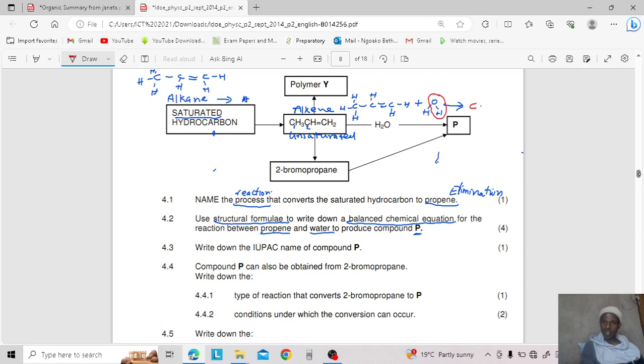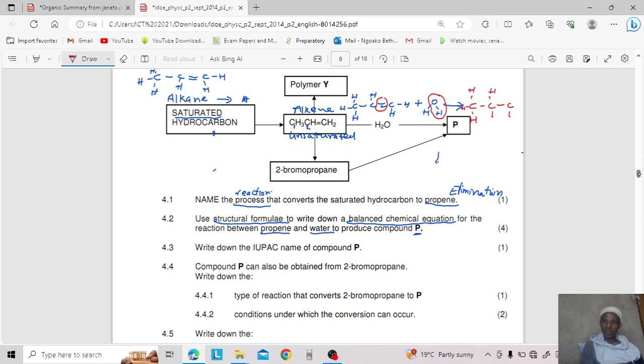Carbons 1, 2, 3. This bond here breaks between these two carbons. It will break on this carbon and on this carbon. Then already the first carbon has 3 hydrogens, and then this one has only 1 hydrogen.